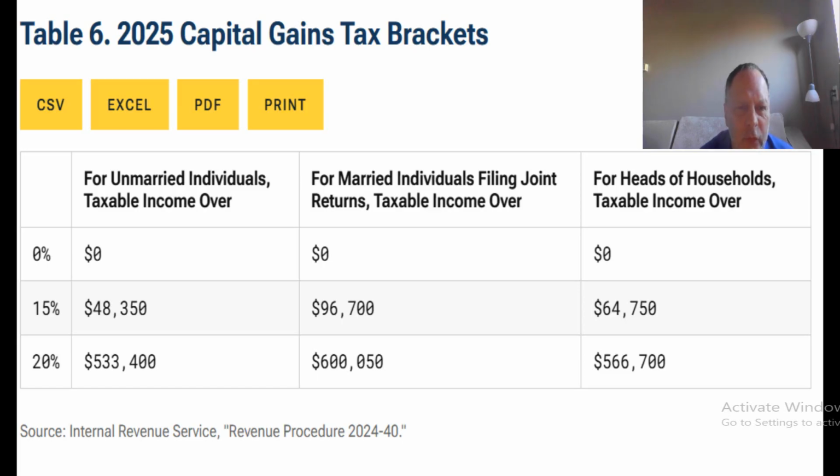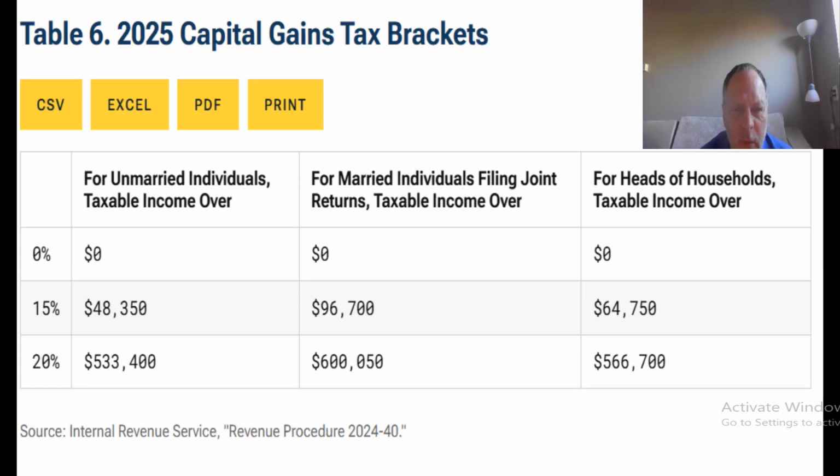With incomes between $48,350 and $533,400, individuals will pay a 15% rate. Above the $533,400, they will pay a 20% rate. For married couples between $96,700 and $600,050 will pay a 15% rate.